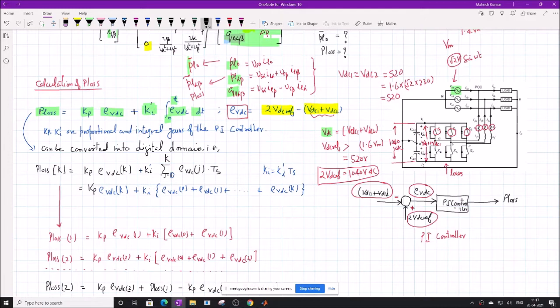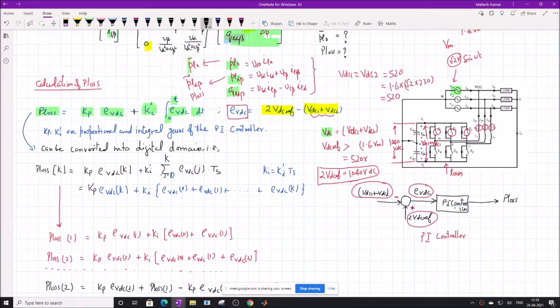Why do we use a PI controller? Because the I part, the integral part of this controller, will ensure that the steady state error is 0. If you use simply a P controller, you cannot eliminate the steady state error. Therefore we use the integral term. Now you can ask why we do not add the derivative term. Because it makes the controller noisy.